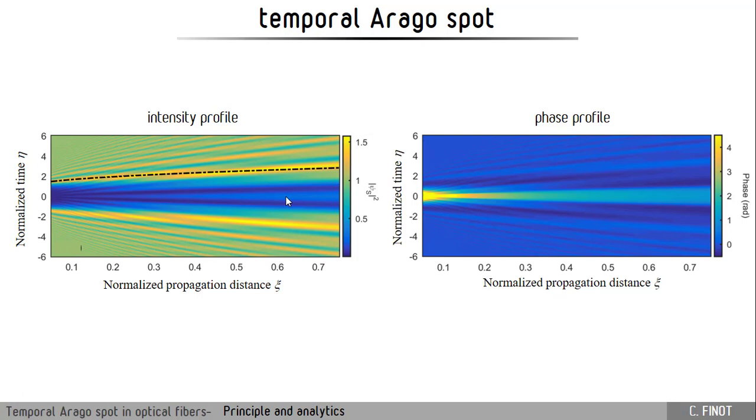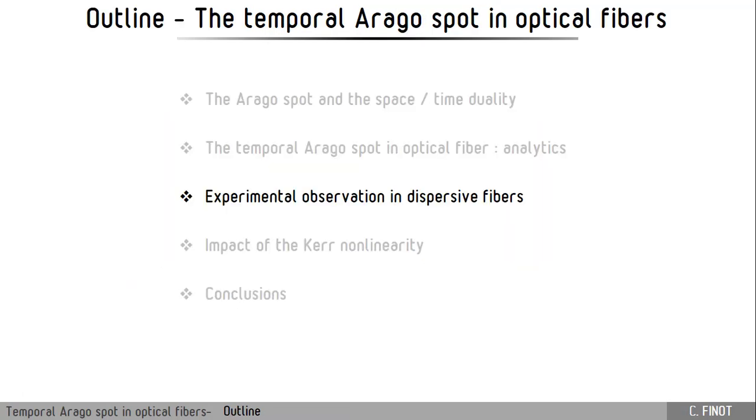So we will try also to characterize it. Regarding the intensity profile, we see the growth of the Arago spot, and there are also some very strong oscillations that appear near the edge of the shadow, and these oscillations move away from the center. So let us now see if we can reproduce all those features experimentally.